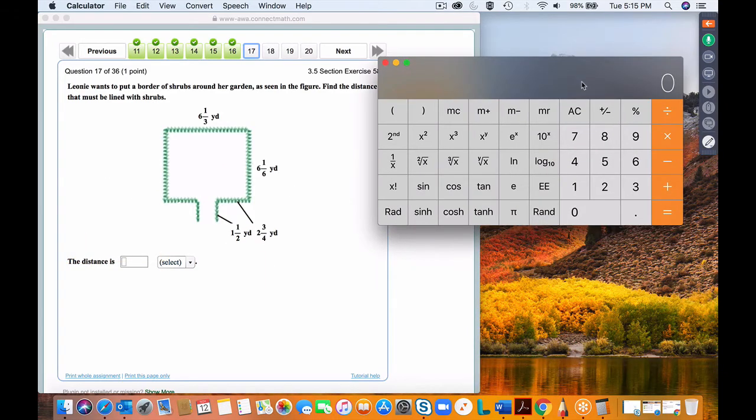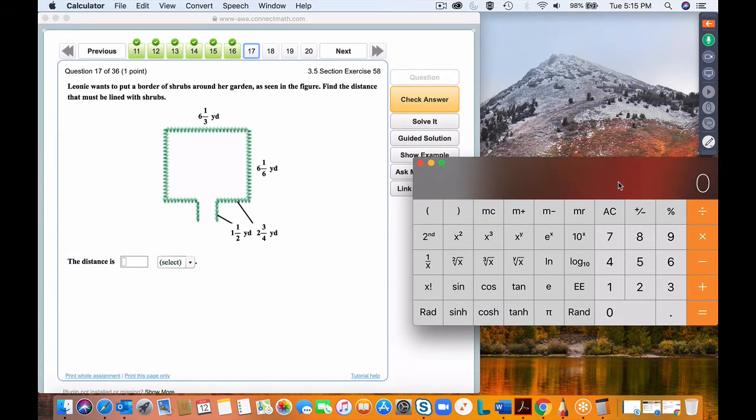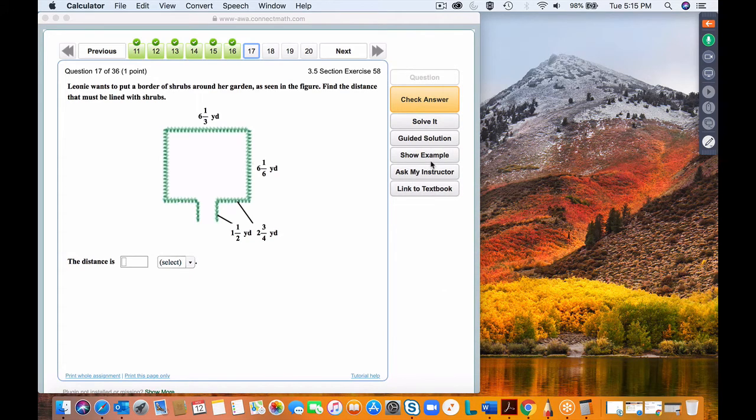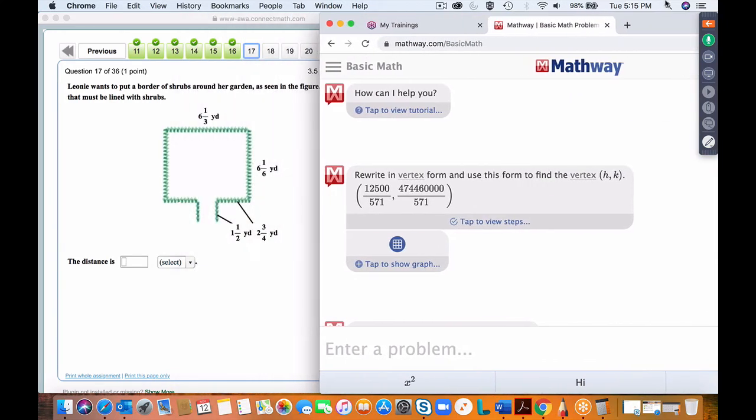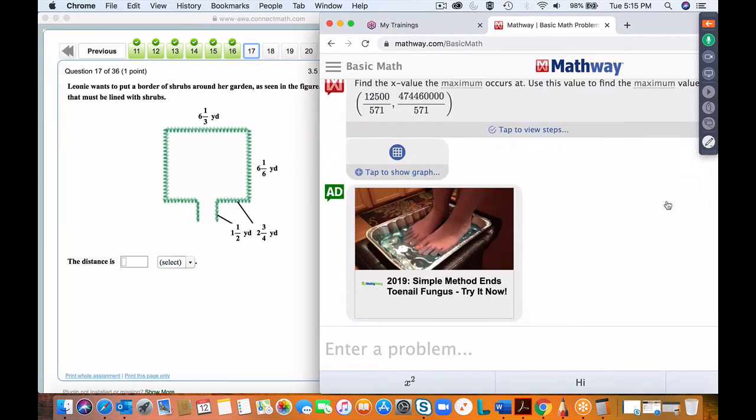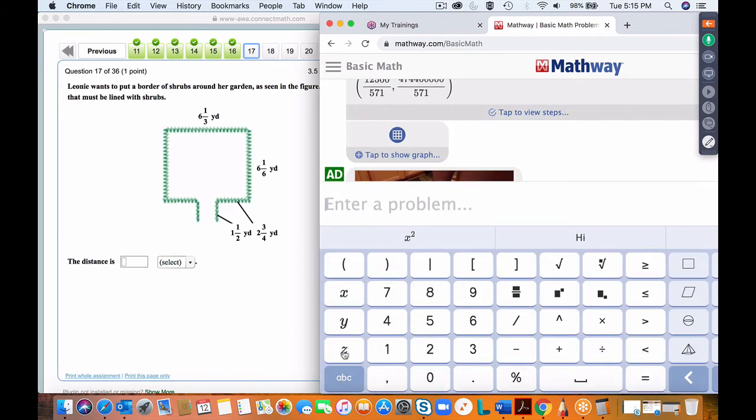Yeah, this one requires a little more work, so let's try with the big calculator. The small one will not handle that one because we have mixed numbers. So if we want to do the easy way, let's bring the math way and express the problem right here. Notice that 6, 1, 6, and all these numbers on the bottom, the right will be the same as the left side.